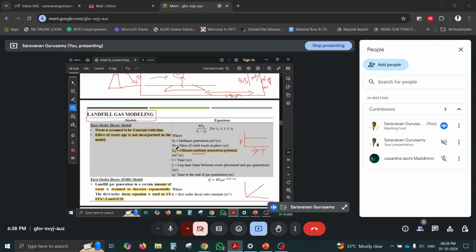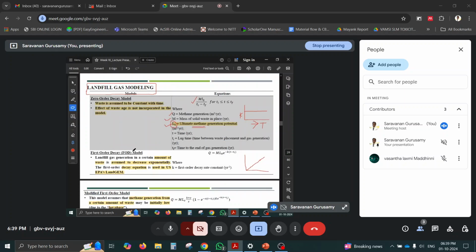So L naught, the ultimate methane generation potential, is the governing factor in all the models. How much methane is generated is the rate Q, which depends on the ultimate methane generation potential, time, and the mass of solid waste present. In a landfill with a million metric tons of solid waste, how much methane will be produced? We can calculate with this model.